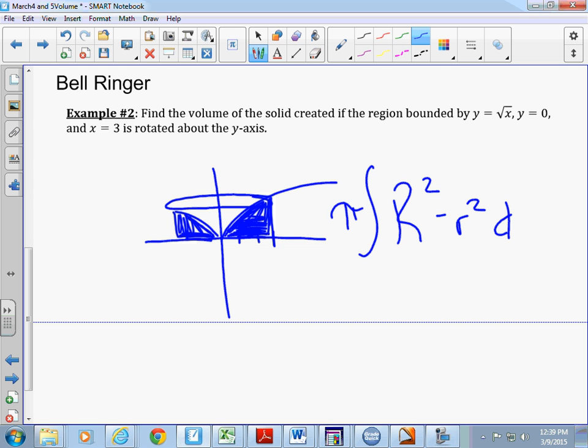Why dy? Because they're going around a vertical line. Good question. As soon as I see this over here, I need to change my equation from the square root of x to x equals y squared, because I've got a dy, I need all y.